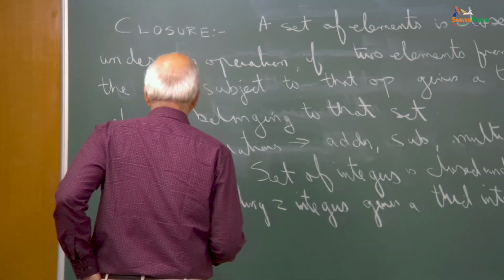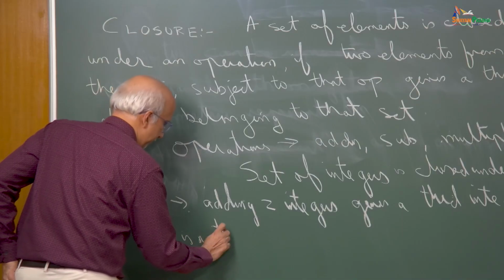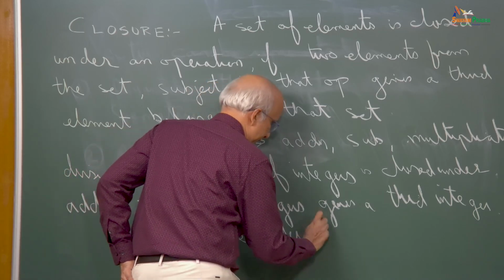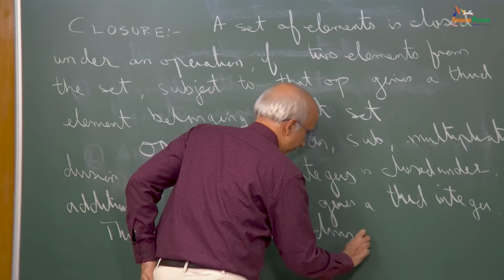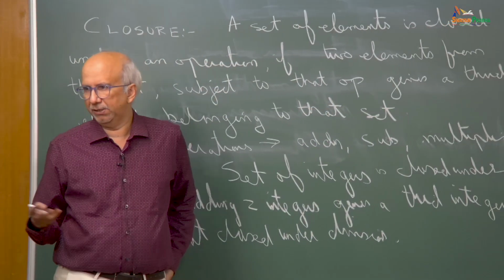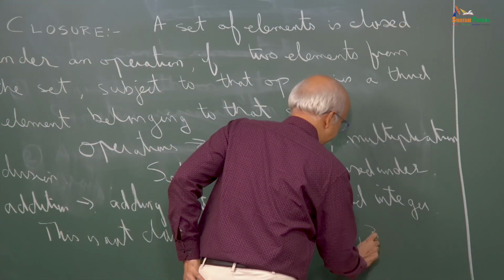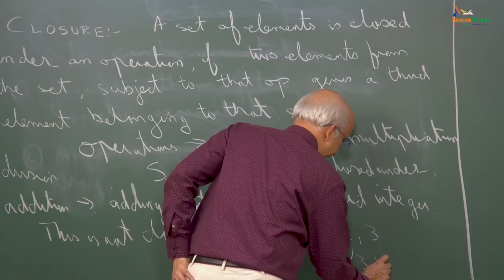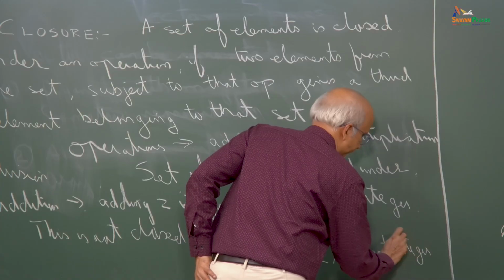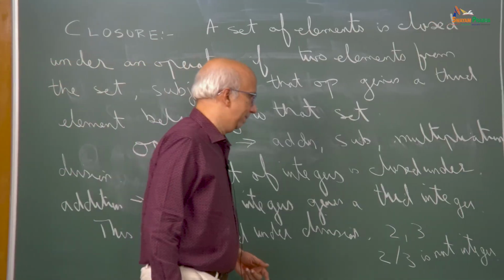So this is not closed under division, because if I take 2 and 3, divide one by the other, I get 2 by 3, which is not an integer. So basically, the set of integers is not closed under division.